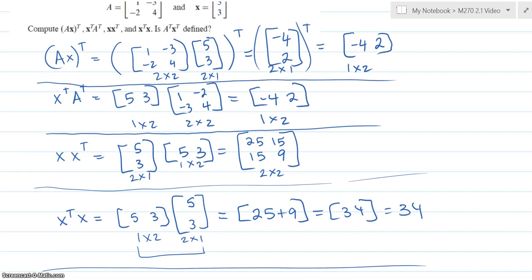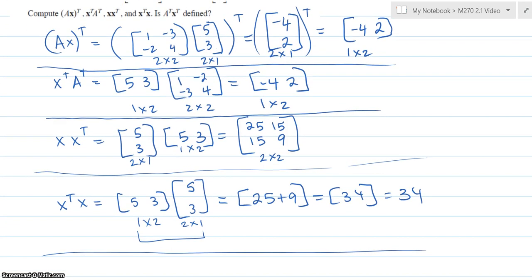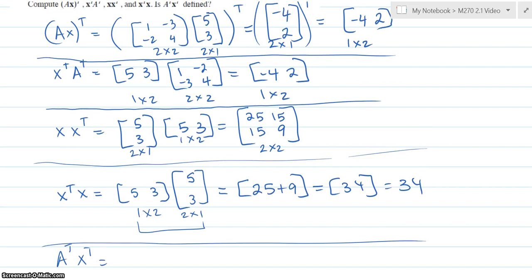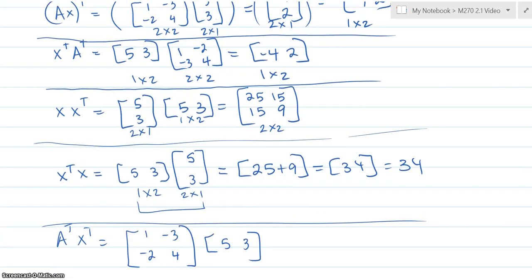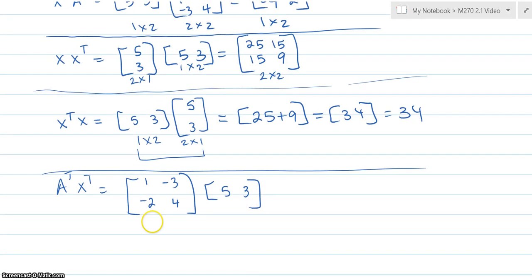Finally, what's A transpose times X transpose? Try that one. You can pause it, then try it. Make sure you get it. I think that's what we want. Yeah, there's something wrong with this, isn't it? If you look at this, this is a 2 by 2, and this is a 1 by 2.